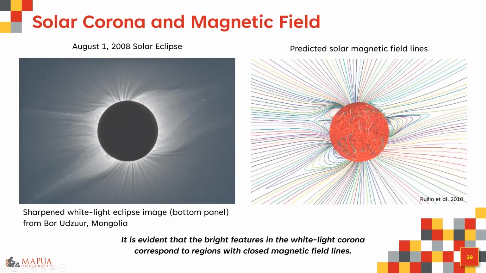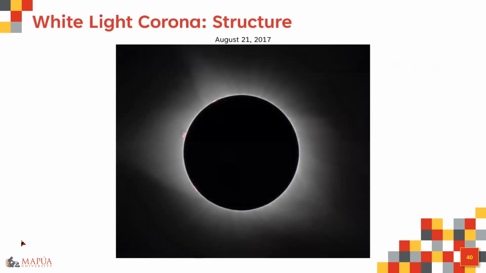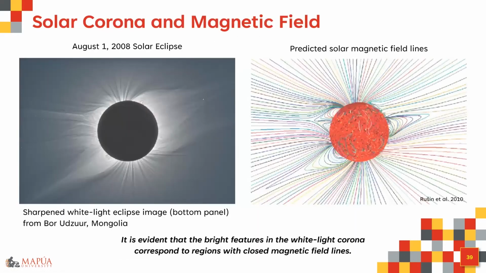Sorry, going back. So this is your radial magnetic field lines.